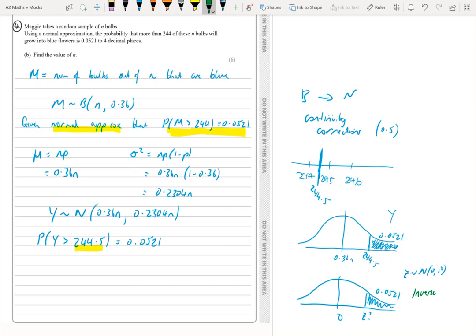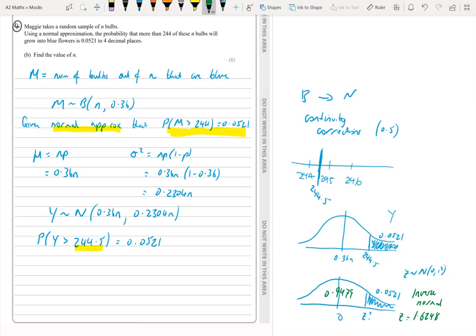Down here in the Z world, it will ask you for sigma and mu. Sigma is 1, mu is 0. It will ask you for the area to the left. So this is 0.9479. And it should give you a Z value in return, which is 1.6248. Okay, the calculator will give you that value.